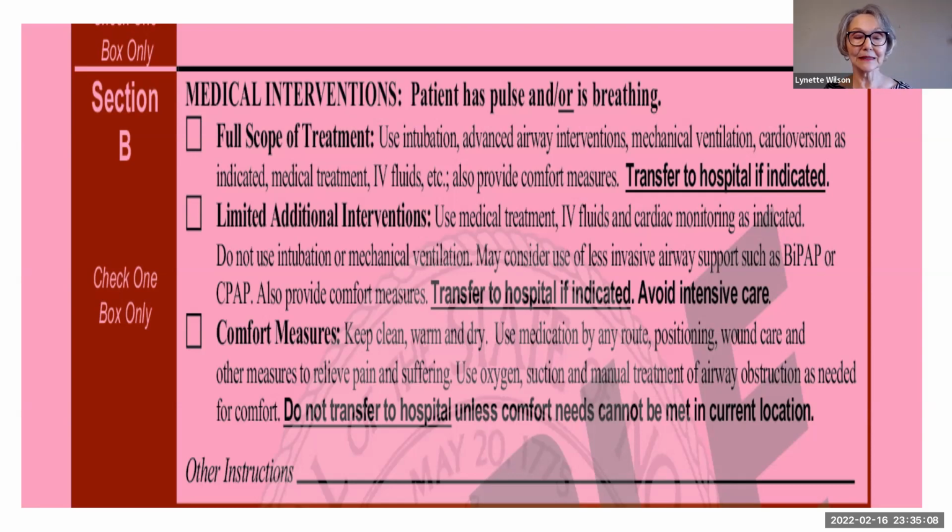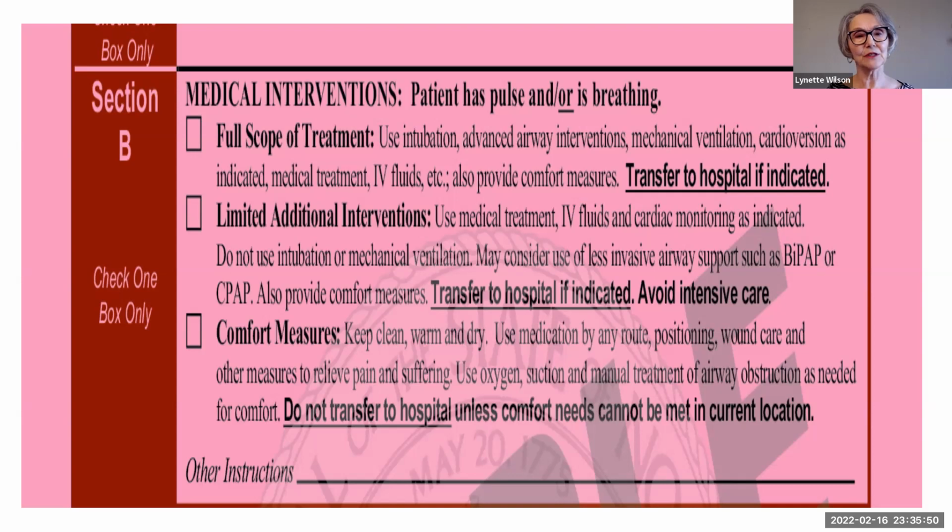The next one says limited additional interventions. Some states label this section selective treatments. And the goal in this is to treat medical events that have a high likelihood of being able to be reversed. What is done may include IV fluids, monitoring the heart, oxygen that is administered maybe by CPAP or BiPAP, which puts a little bit of pressure behind the oxygen, but is not the same as the pressure that would be on there in a ventilator.